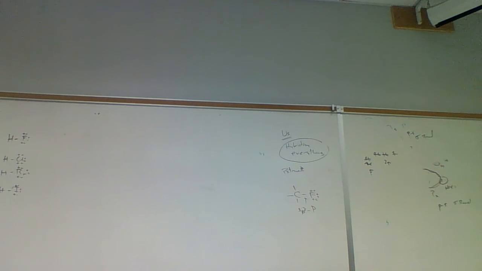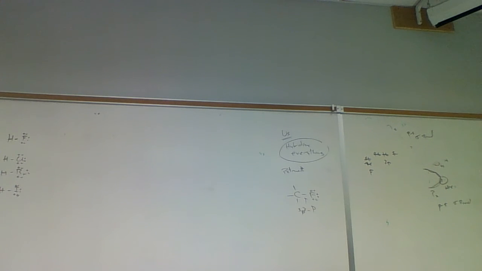We aren't going to worry about size, because the bigger the size, the less hybridization we need to minimize repulsion. We're just going to call all these halogens sp3, even though iodine's probably not, but it doesn't matter because it's not going to change things for us.